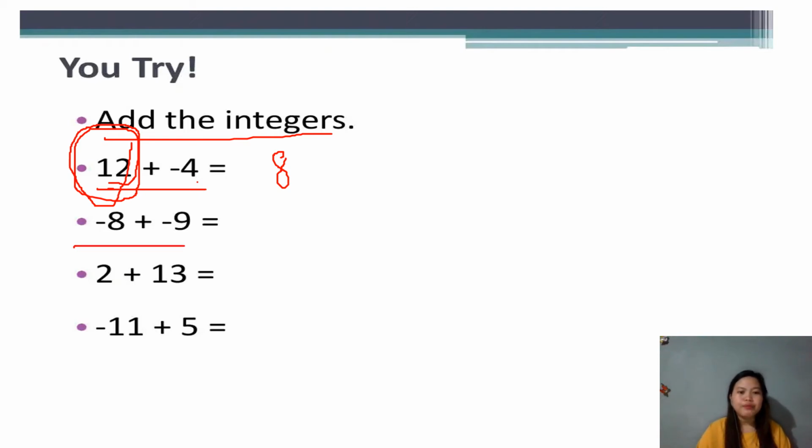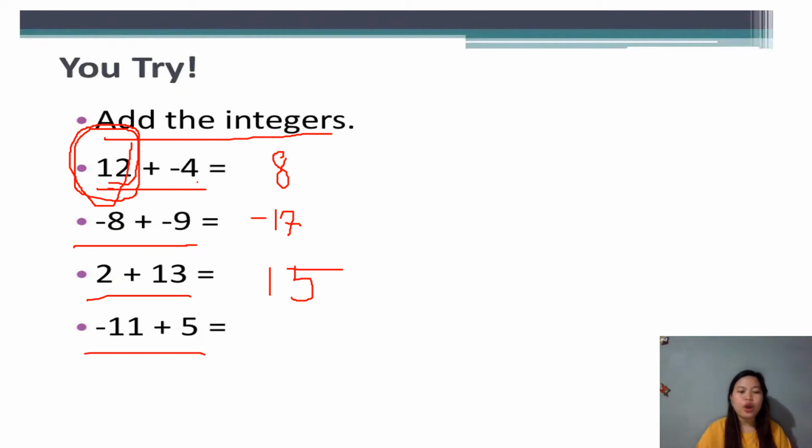Next, the second one. Since they have like signs, negative 8 and negative 9, we add them. 8 plus 9, that is 17. Is 17 correct? 17, and then we copy the sign, which is negative. For the third one, 2 plus 13, they have the same sign, so we just add: 13 plus 2, that is 15, and that's positive.